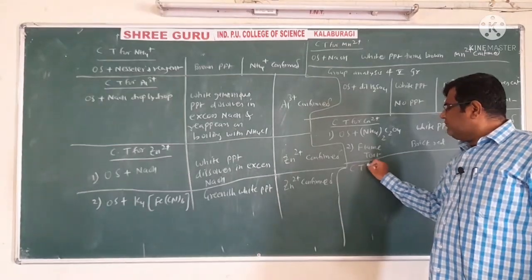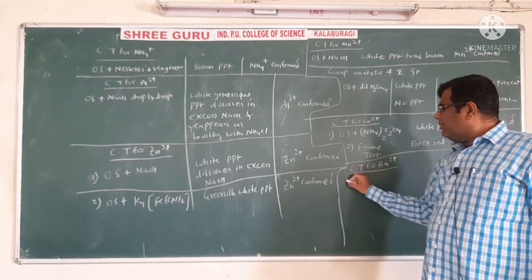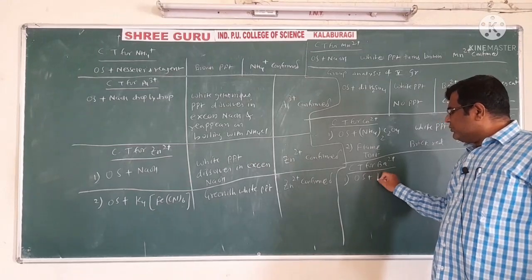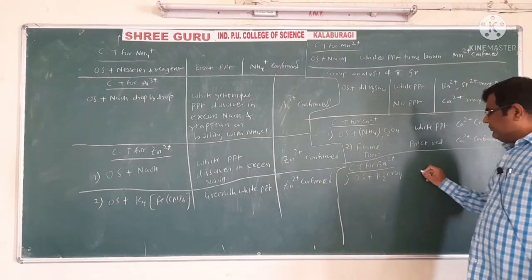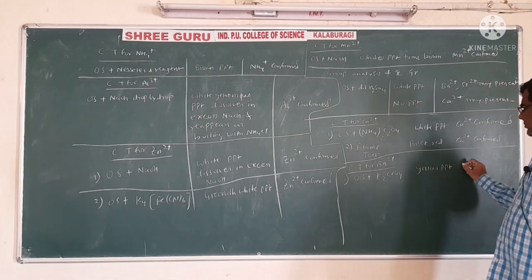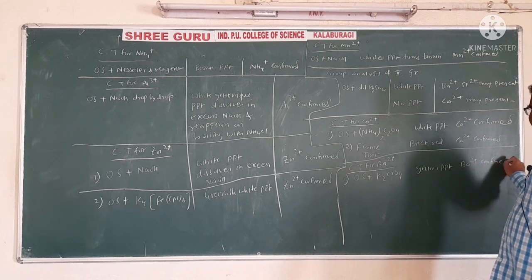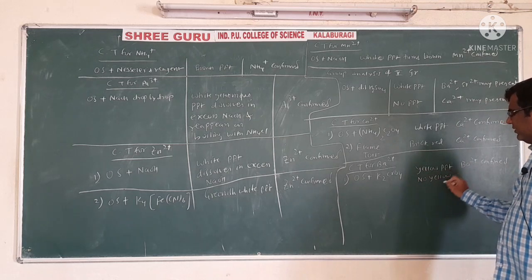Then another one is CT for Ba plus 2. Again two CTs are there. Original solution plus K2CrO4, potassium chromate. If we get a yellow precipitate, we have to say that Ba plus 2 is confirmed. And if there is no yellow precipitate, remember this part, it is very important.